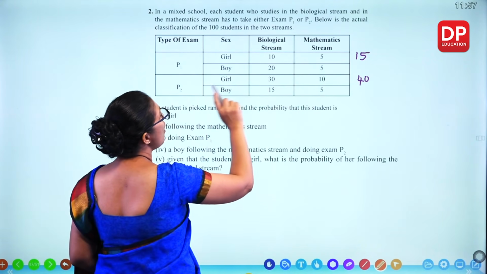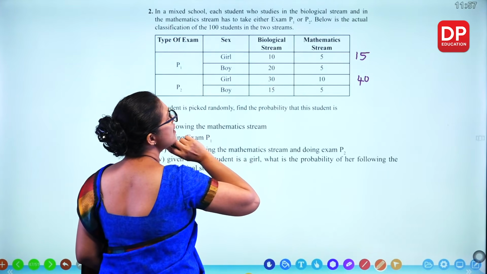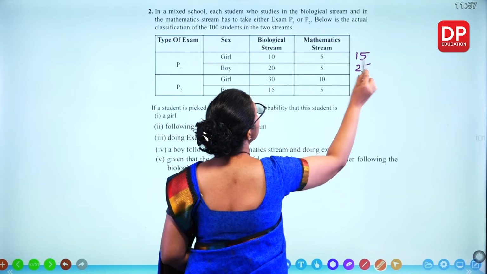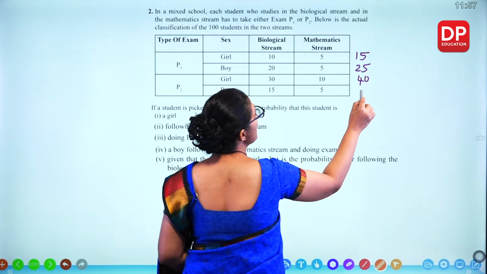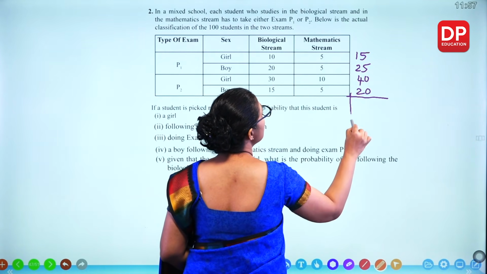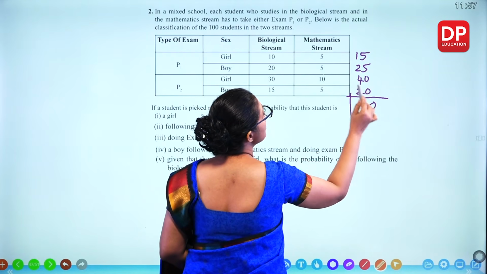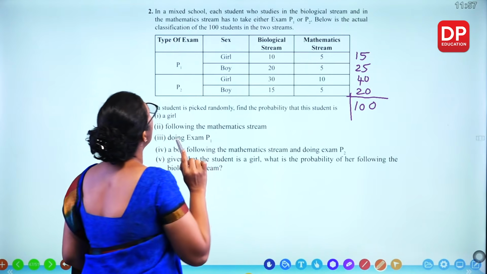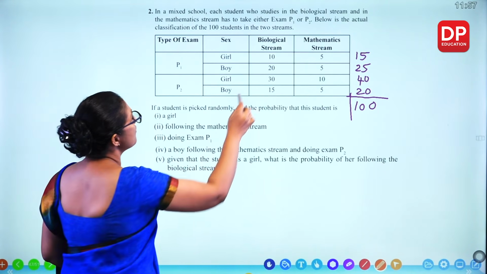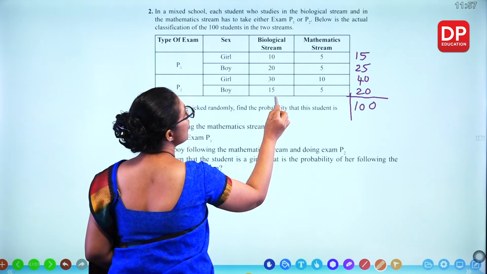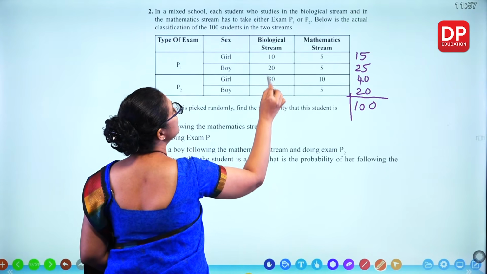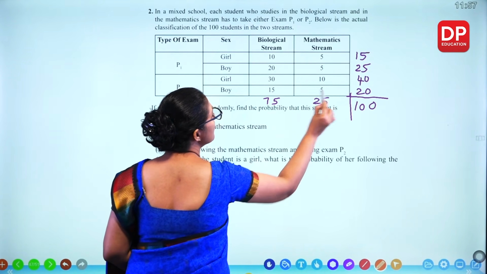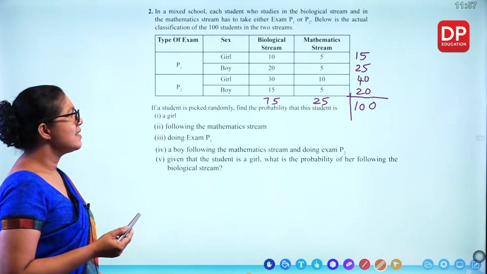We'll add all columns and rows and find out the total. 20 plus 5 is 25 here. 15 plus 5, 20. So what's the total here? Total here is 100. 100 students are there. When you take column wise total, you are getting 75 and 25. Now we can answer easily.